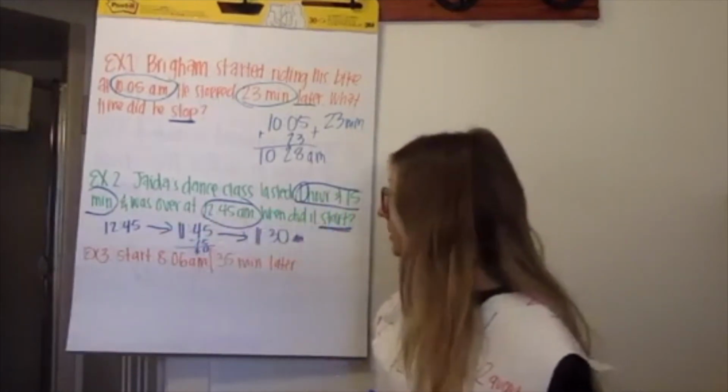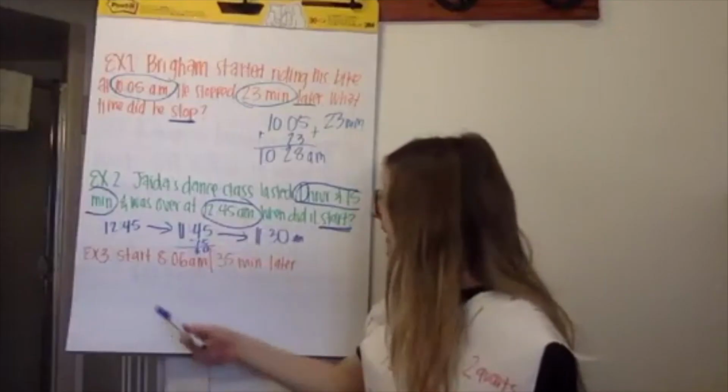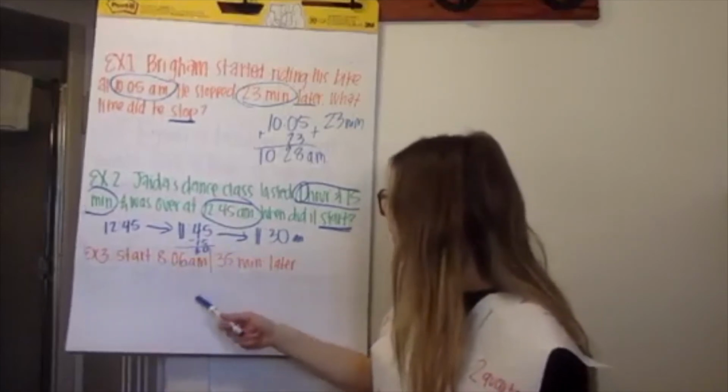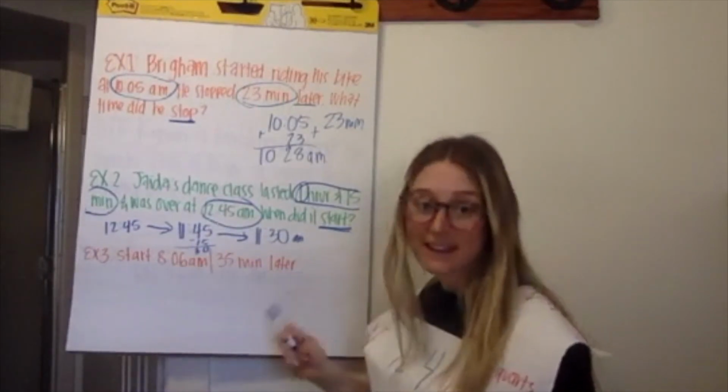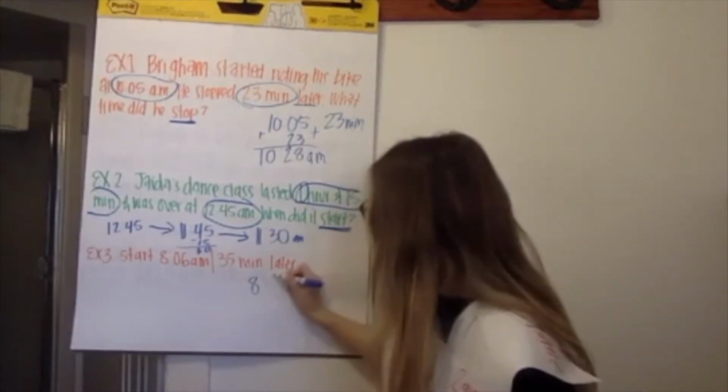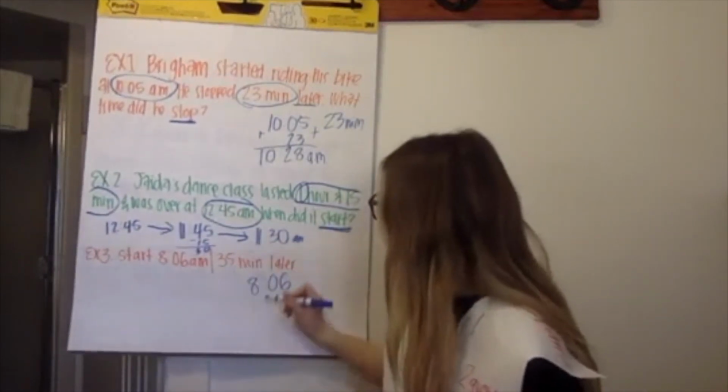All right, let's do the last one. This one's pretty simple. If we started an activity at 8:06 a.m., what would be 35 minutes later? So we're trying to figure out later. We start at 8:06, and we want 35 minutes later.